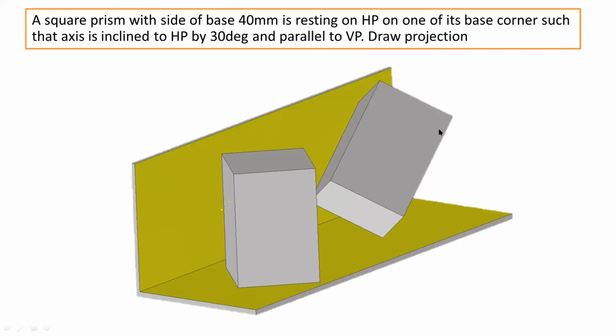So this is the position given. This is the first stage. In the first stage, as it is resting on one of its corner, that means we have to show the base of the prism equally inclined with the vertical plane. So this is the position of that prism in the first case. You can observe here the inclination.